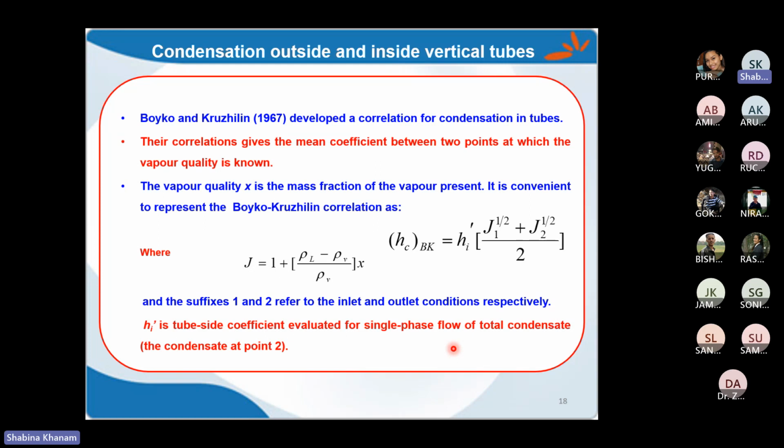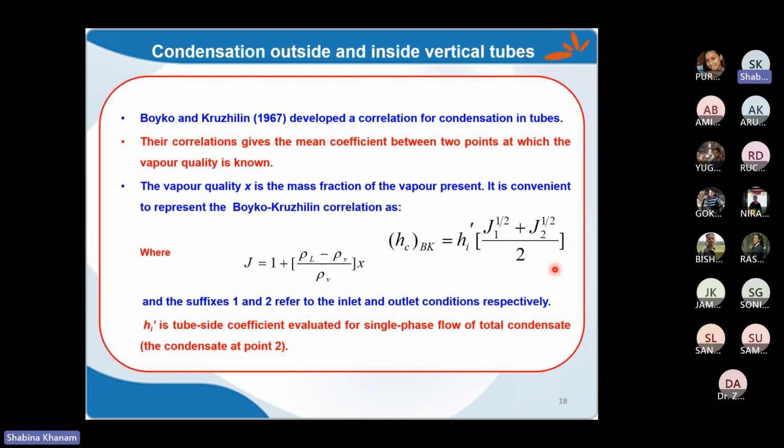It means the single phase sensible heat transfer coefficient. Like the Nusselt number is a function of Reynolds number and Prandtl number, as we have used before, the same expression you can consider here because of single phase sensible heat transfer. Then J1 and J2 you can consider as the correction factor.